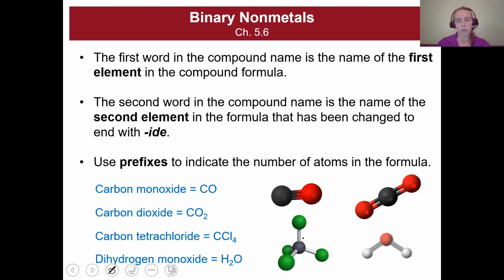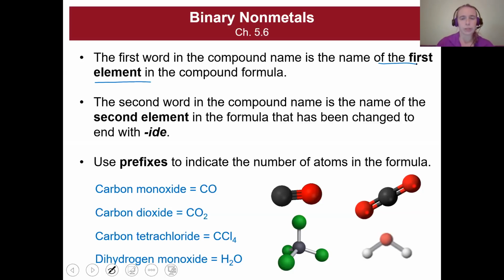All right, so we talked about binary ionic compounds. There's also binary nonmetals, and the naming is a little bit different for these binary nonmetals. So these covalent compounds, the naming works a little bit different. The first part is the same, so the first word in the compound name is the first element in the compound formula.